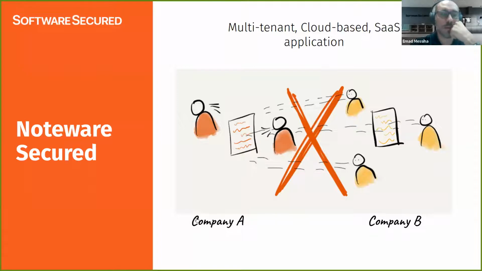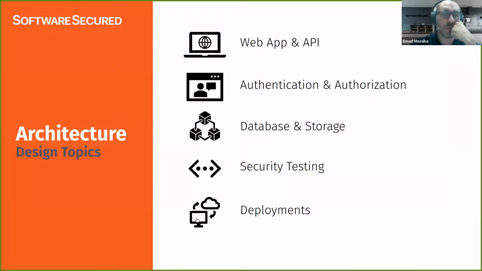Okay, cool. So we have a few topics that we're going to cover. We do need a web app, obviously. We do need an API as well that is external facing, which means other third-party developers can use it to write integrations. We're definitely going to need to talk about authentication and authorization, given that it's a multi-tenant SaaS application.